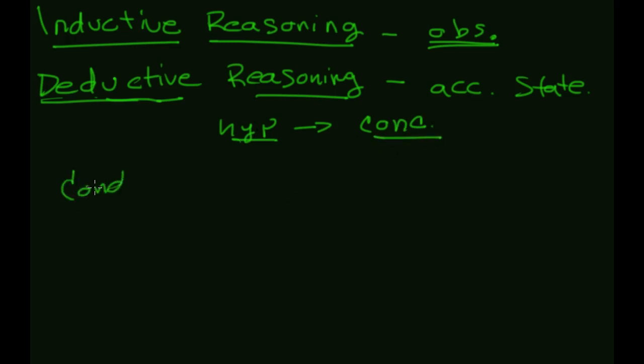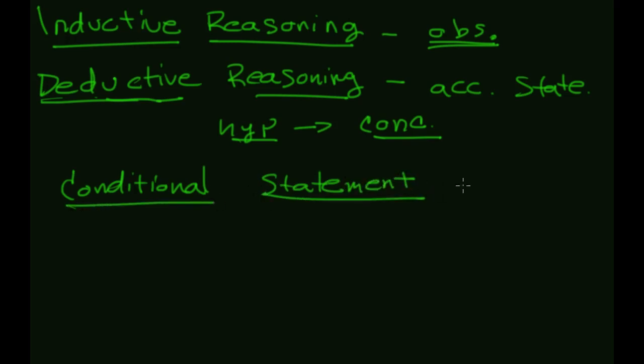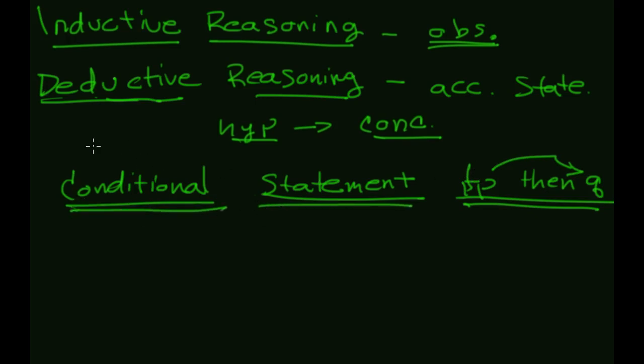A conditional statement is something that has a hypothesis and a conclusion. It's a statement that reads, if P, then Q. So if the hypothesis leads directly to the conclusion, then I have a true conditional statement.